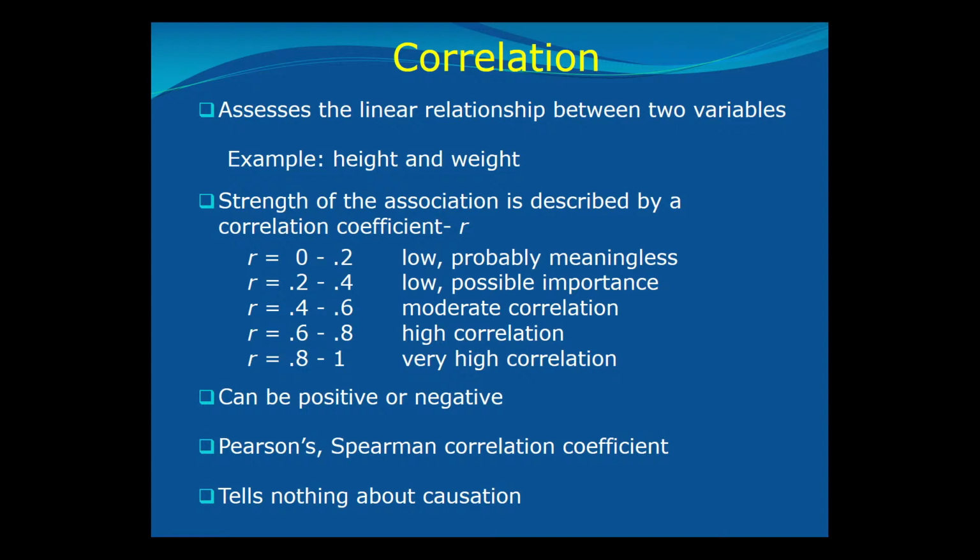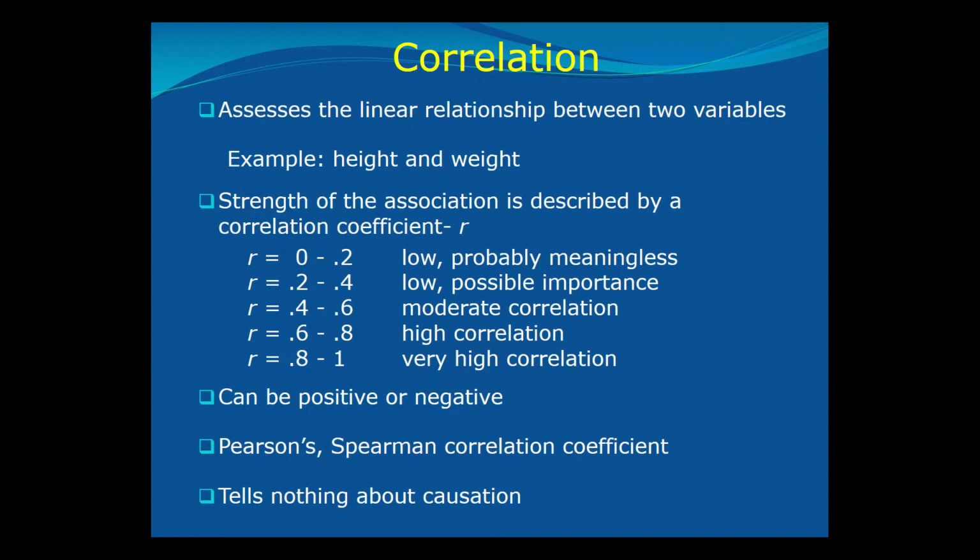For example, correlation assesses the linear relationship between two variables. For example, we are interested in whether there is an association between a person's height and a person's weight. We are interested, is there a relationship or not? To understand and to prove that there is a relationship between height and weight, we need to carry out correlational analysis.